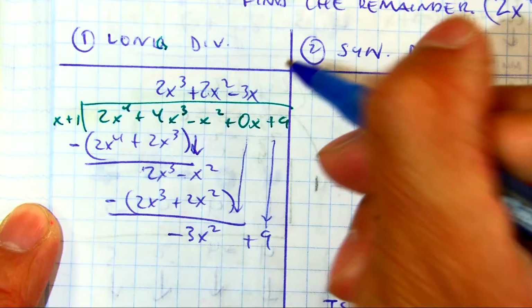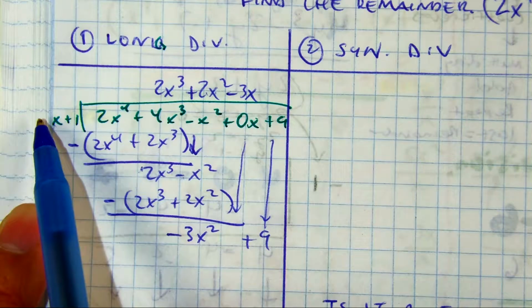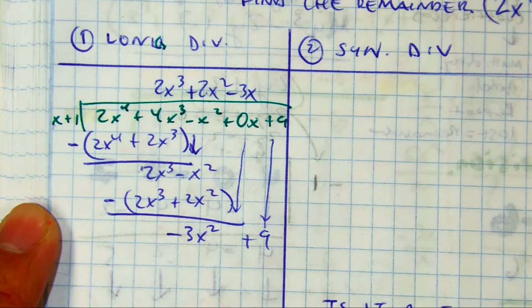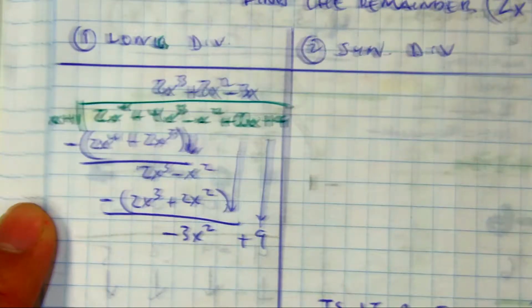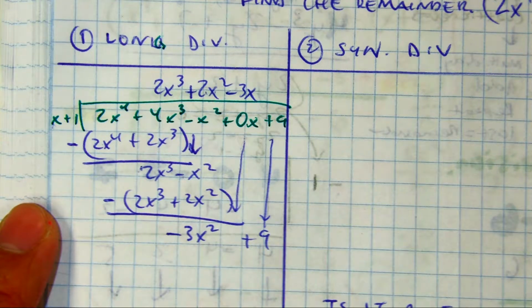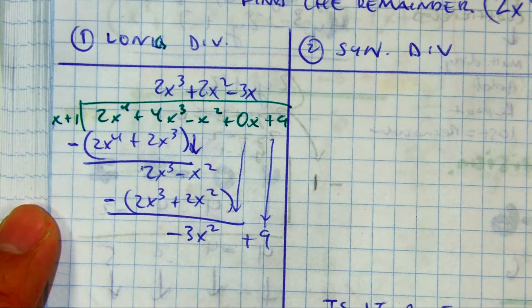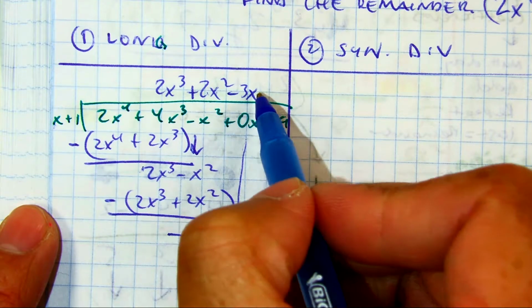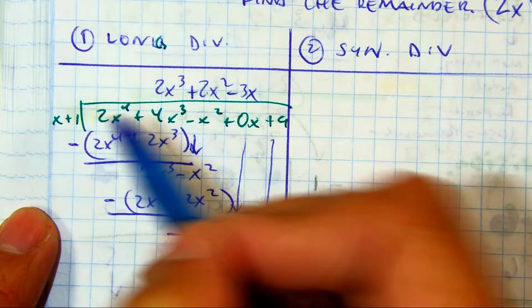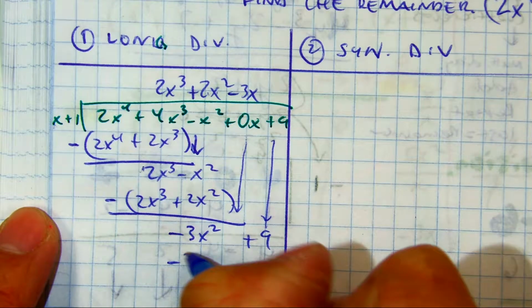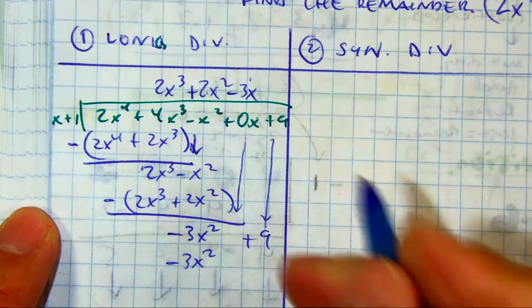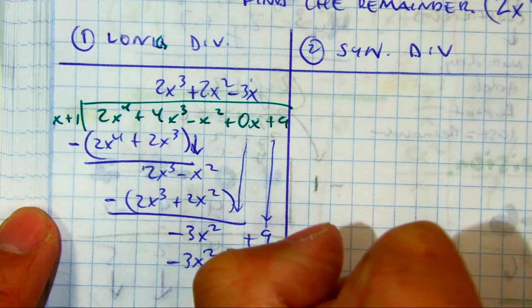Negative 3x. Negative 3x times x. Negative 3x times 1. Oh, I did need that 0x.